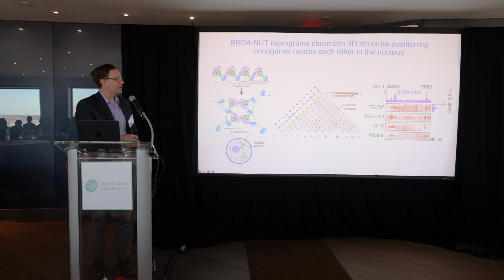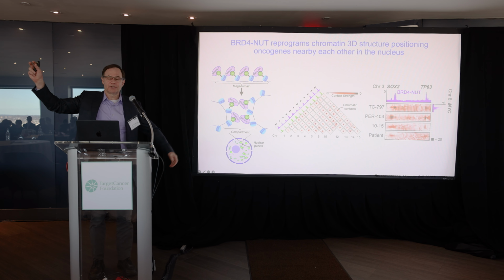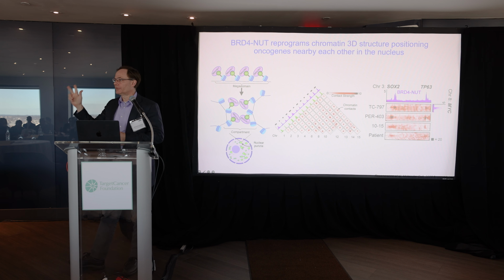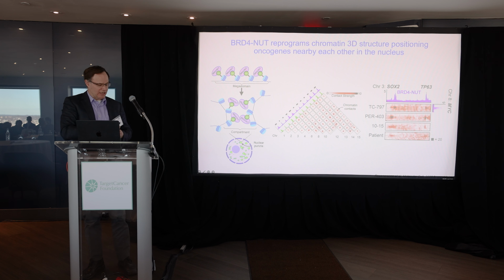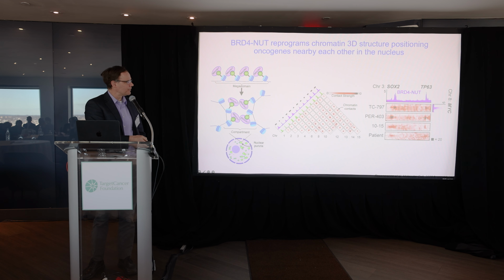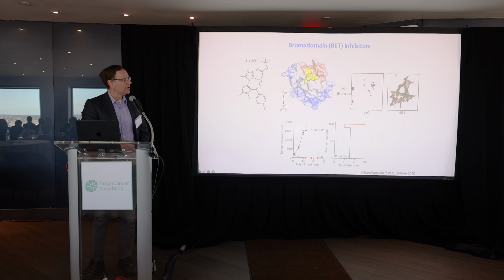So we're bringing megadomains together from the three major survival and growth transcription factors for NUT carcinoma, which are P63, SOX2, and MYC, so they can reinforce each other's expression. So this is a very evil mechanism. It's super potent. This is all susceptible to inhibition with a BET inhibitor that I'll get into in a second.